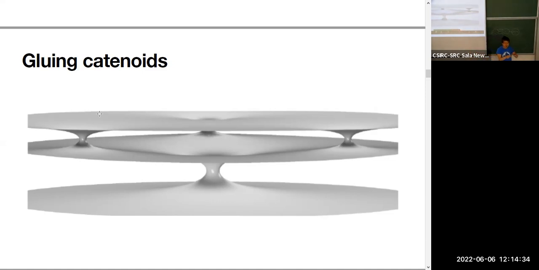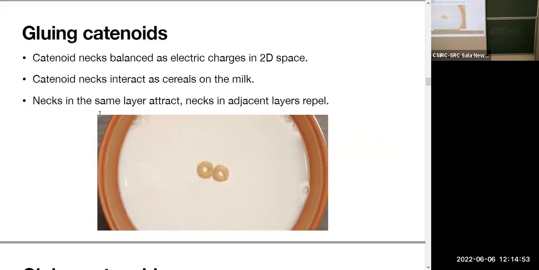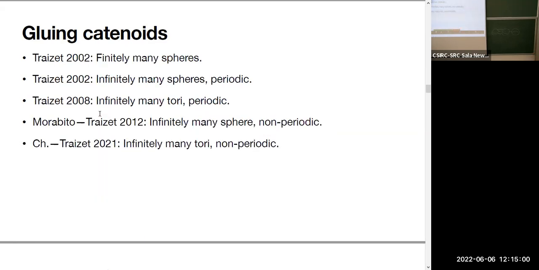If you put a cereal in the milk, it locally raises the surface of the milk a little bit. So you can see this as a cereal, instead raised by a catenoid. And it turns out that the interaction is exactly the same, by the capillary surface. The next ones in the same layer attract, the next ones in the adjacent layers repel. Yeah, exactly as cereals in the milk.